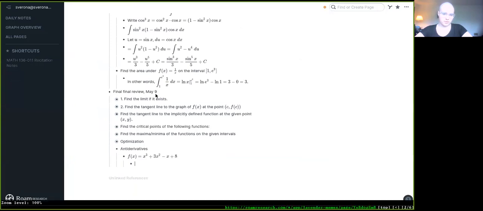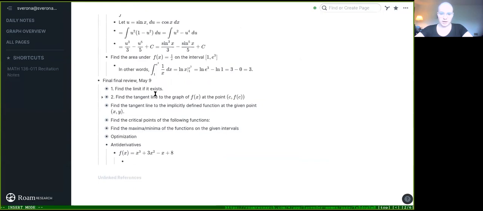And so they're called antiderivatives for a very good reason. To find an antiderivative of something is to undifferentiate it, is how I tend to think of it.